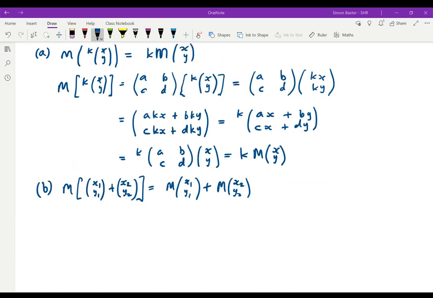For the second condition, we need to show that M of (x1, y1) plus (x2, y2) is M of (x1, y1) plus M of (x2, y2).